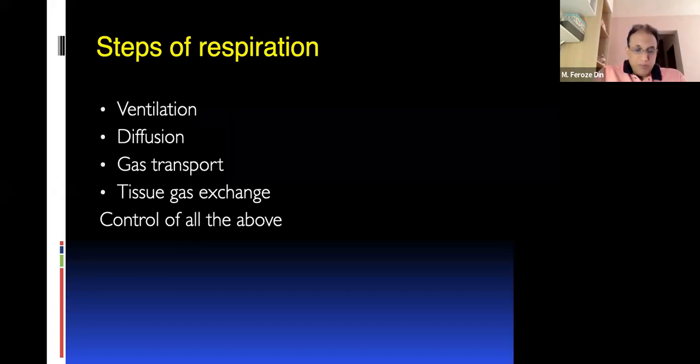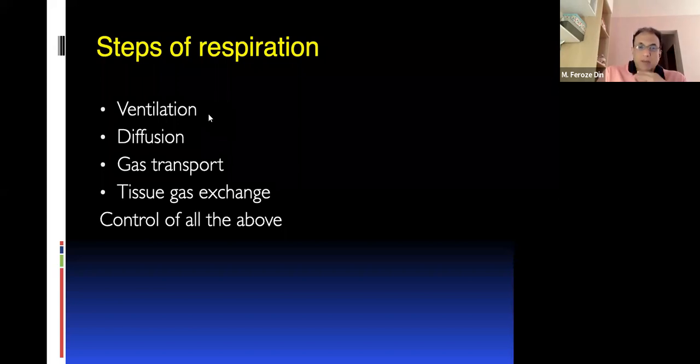To achieve this function, there are 4 crucial steps which you need to understand. The first step is ventilation. Ventilation is, by definition, the act of breathing in and out. This is the external manifestation of all these processes.